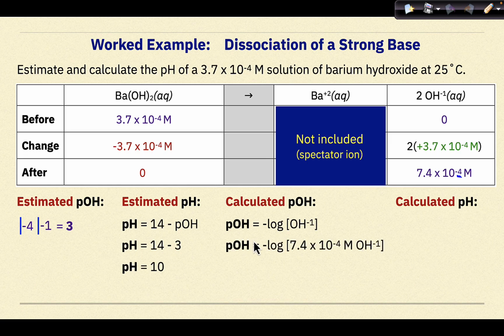We will substitute in our hydroxide ion concentration, and then we'll solve for pOH, which is 3.1. Now that we have the pOH, we can calculate the pH. So we'll take the formula pH is equal to 14 minus pOH. We'll substitute in our values of 14 minus 3.1, and our calculated pH is 10.9.